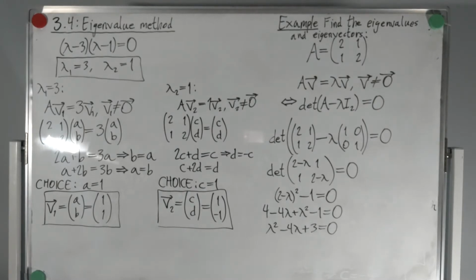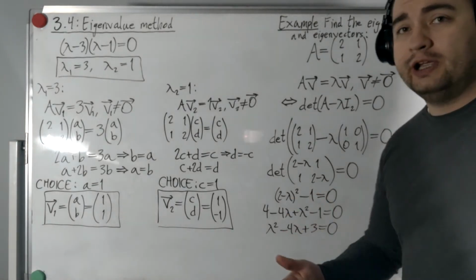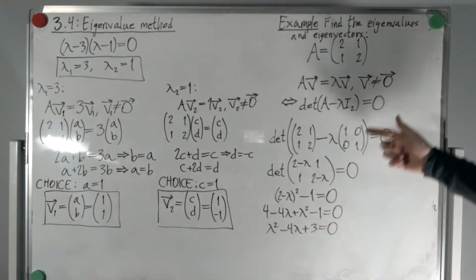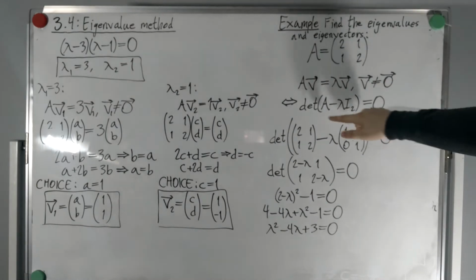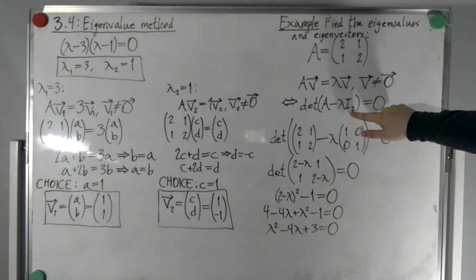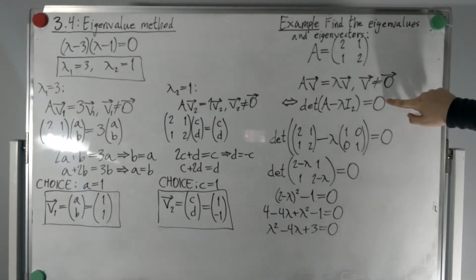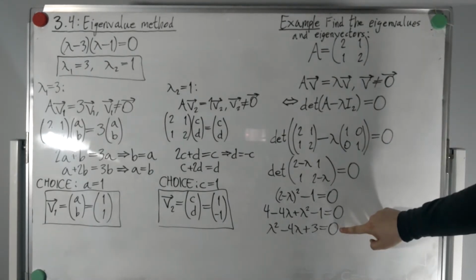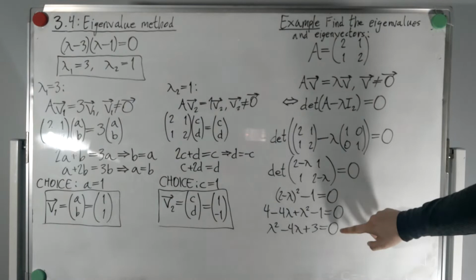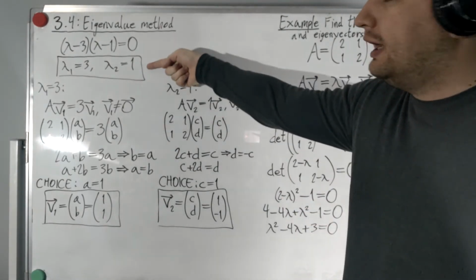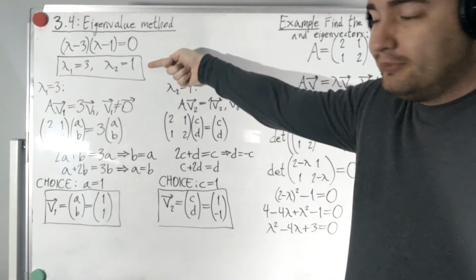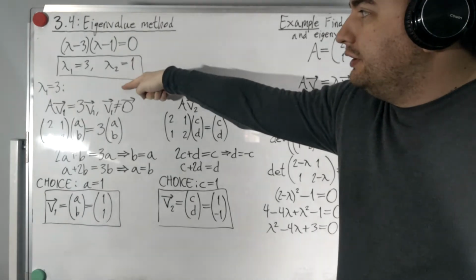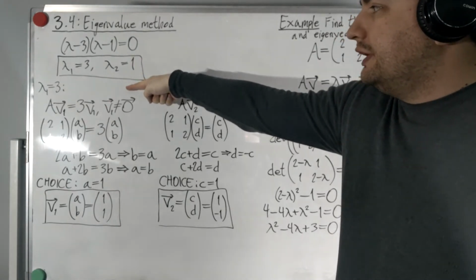Okay? And this is always how it works. First thing you've got to do is find the eigenvalues, which you do by setting the determinant of A minus lambda times the identity matrix equal to 0. That gives you the characteristic equation. You solve the characteristic equation to find the eigenvalues. And then for each eigenvalue, you find the eigenvectors associated to it.